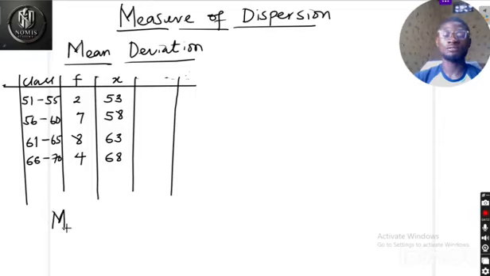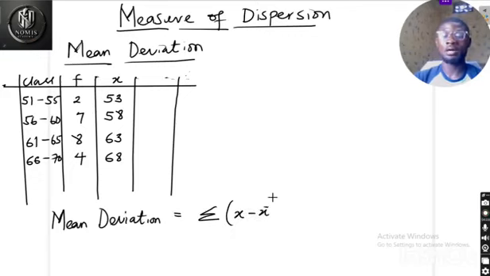Mean deviation is equal to summation |x minus x bar| all over n. So how do I get x minus x bar? What is even x bar?